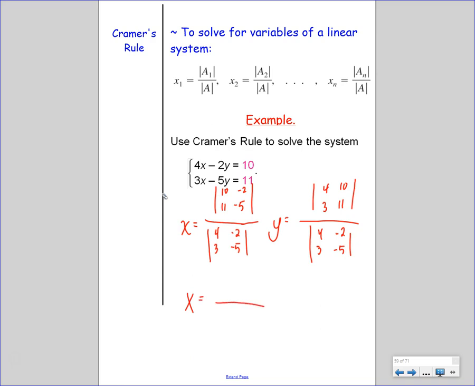Now, once again, this is easiest for the easy ones because we can just do main minus opposite. If it was a 3x3 from a 3-variable system, it'd be nasty. Already going -50 plus 22. It's going to be -28, yeah? And then the denominator, I have -20 plus 6, which would be -14.